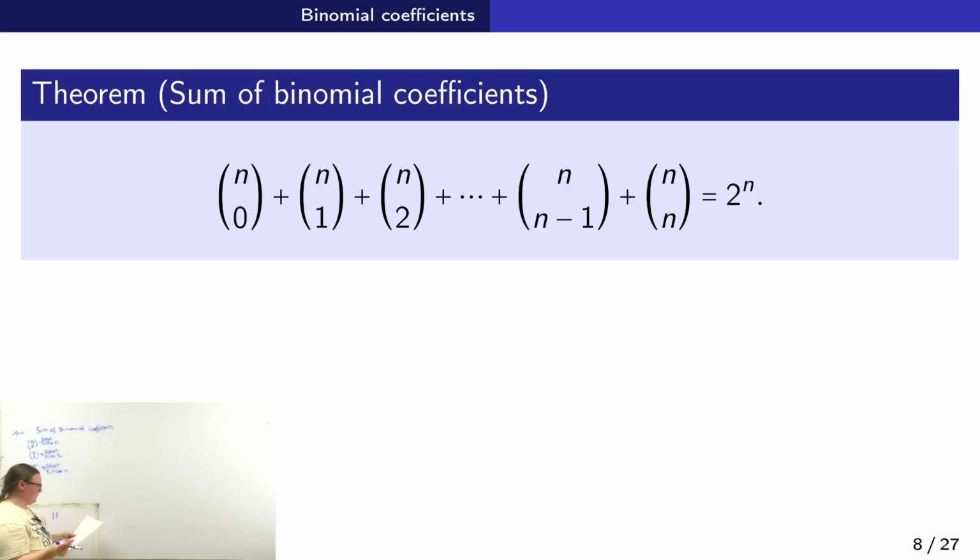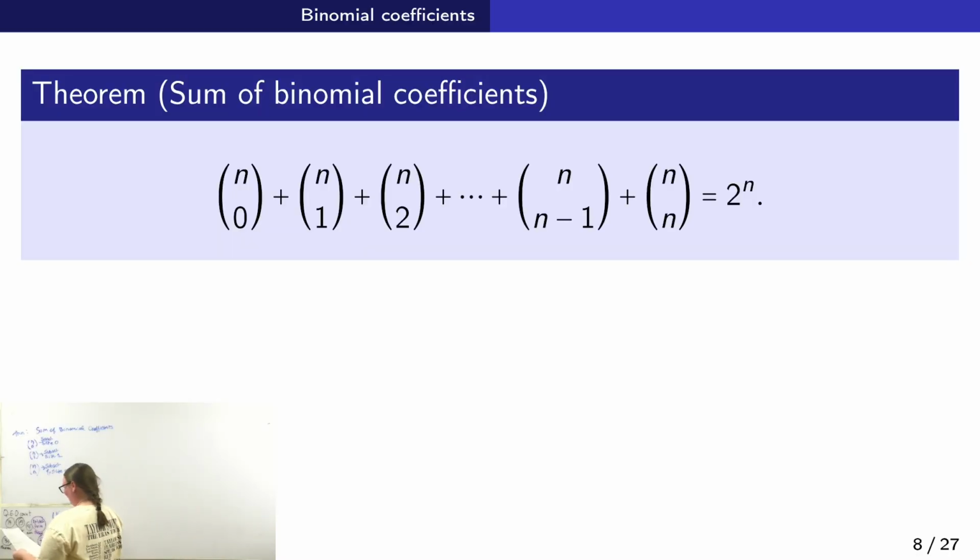Okay, so for each element in the set n, there are two options. You're either in the set or you're not in the set. Okay? Sorry, in the subset or you're not in the subset. So since there are n elements and each element has two choices, we end up with two choices per element to be in or out of the subset.